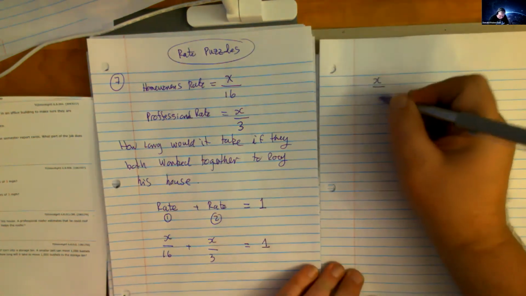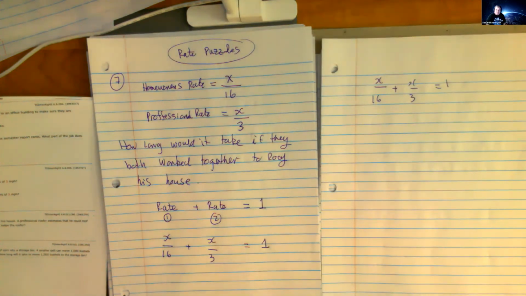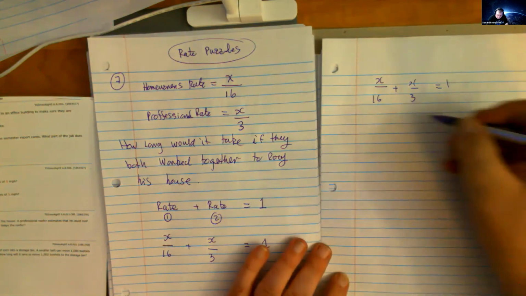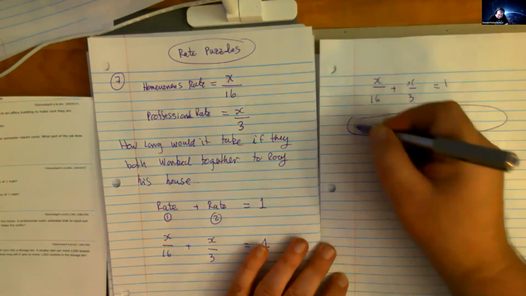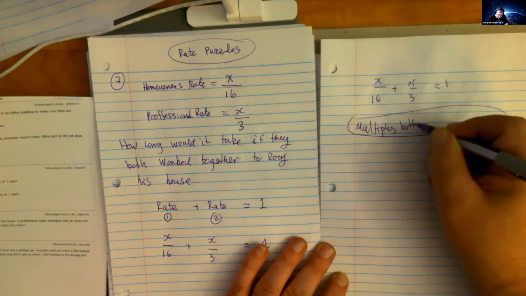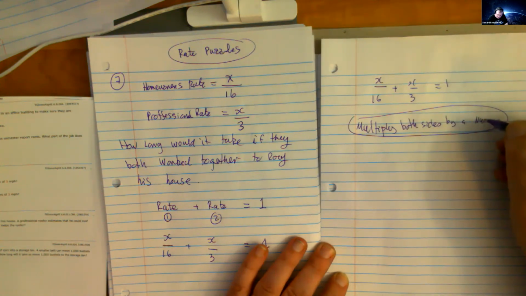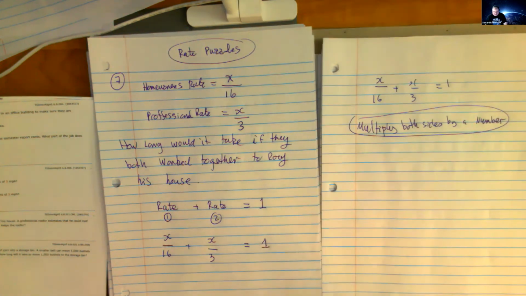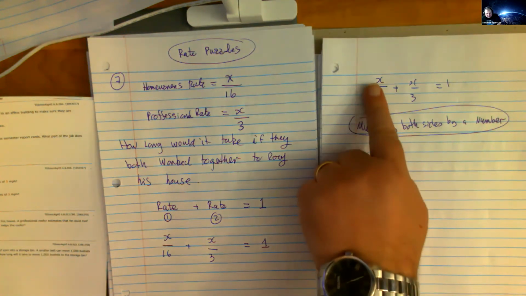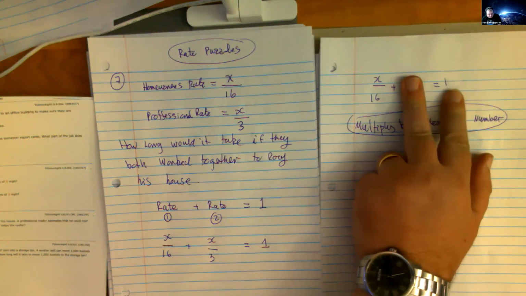So I'm going to rewrite the question up here because I need some room. You can see it's a rational equation. It's got a 16 in the bottom, it's got a 3 in the bottom. We are going to use this technique. Multiply both sides by a certain number. Now, if I multiplied everybody by 16, wouldn't that become X? And that would become 16.